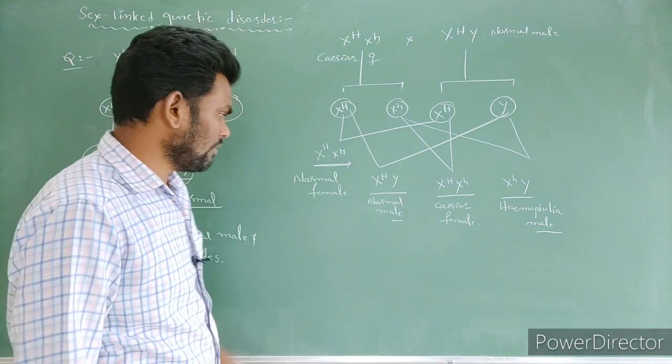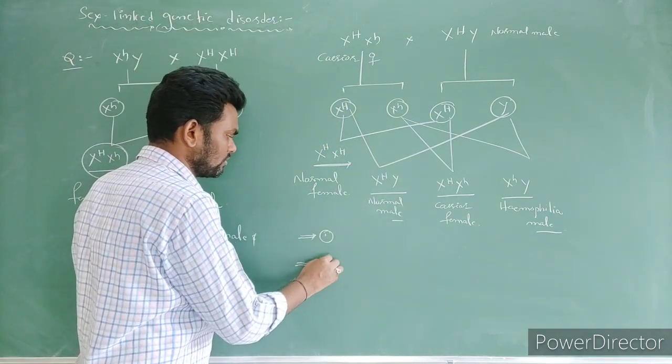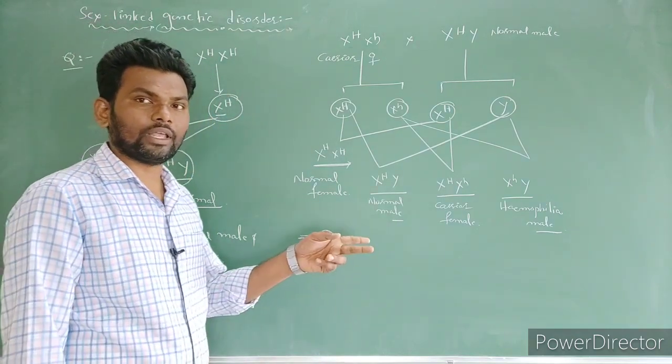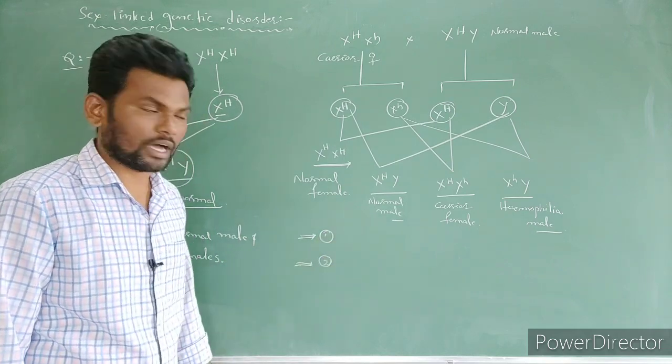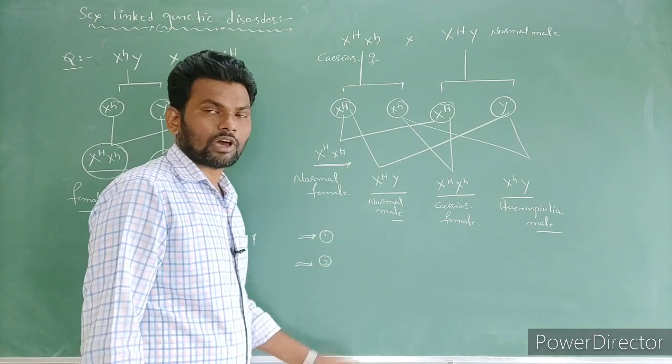Here they will ask two types of questions. One is regarding the percentage of hemophilia and non-hemophilia, and sometimes they also ask gender-wise. Let's see here, how many total normal males and normal females?